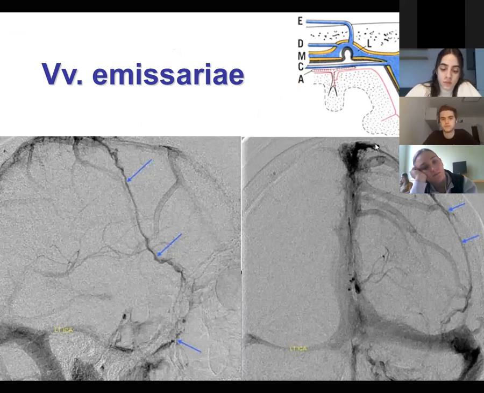This is the venous phase of angiography, and you can nicely see the superior sagittal sinus. I label it, superior sagittal. This is the confluence, transverse sinus. And you can see how the blood goes out and then descends extracranially.